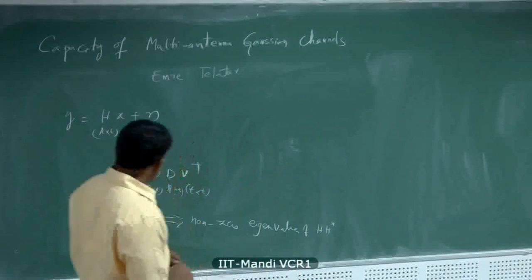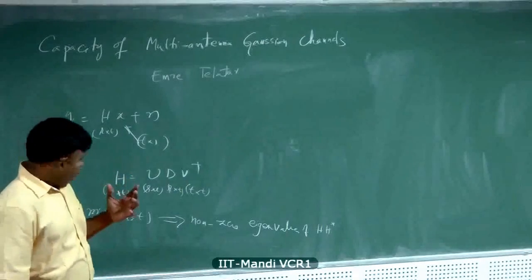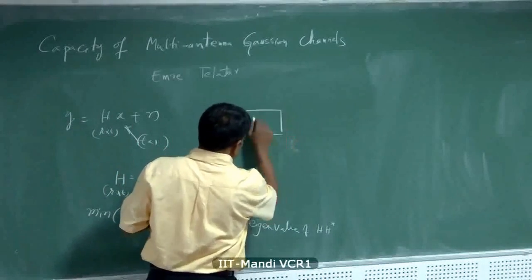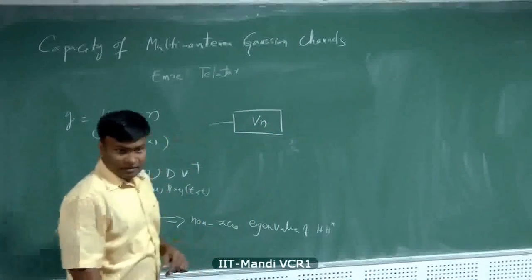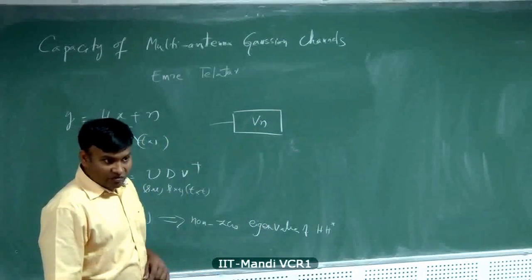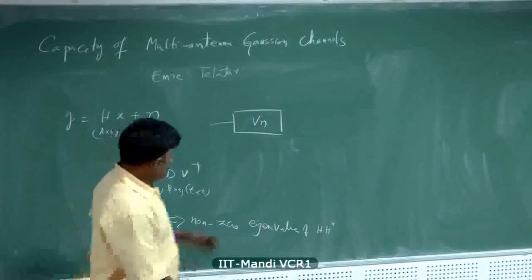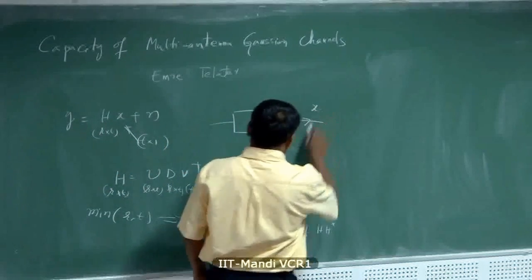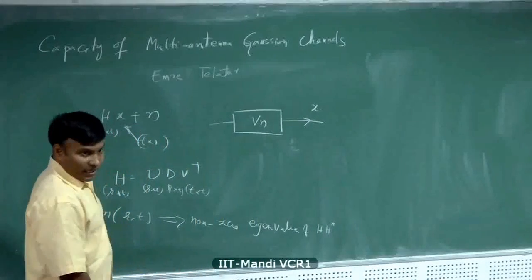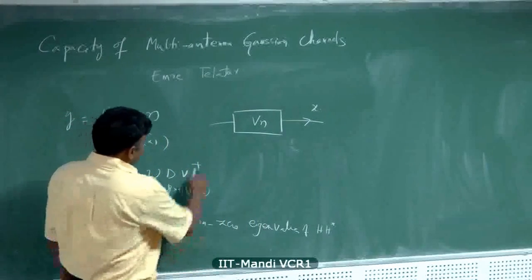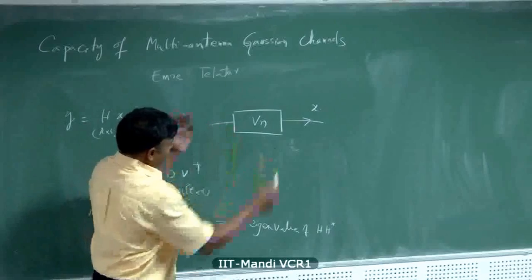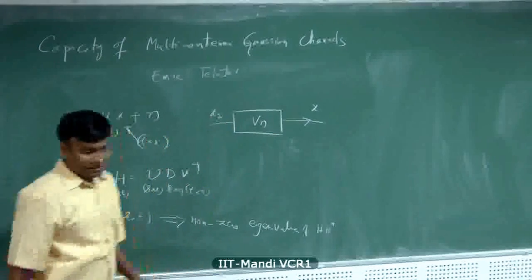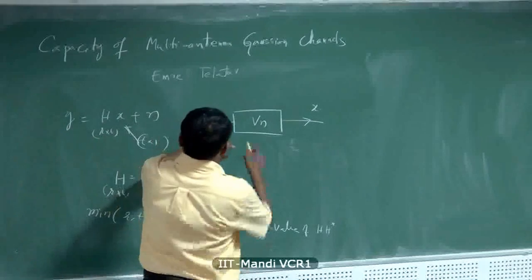That is, we have a transmitter where we apply some Vn as a beamforming matrix. N is arbitrary, we'll discuss that. And then you transmit this signal X. The input, you may call it X tilde.